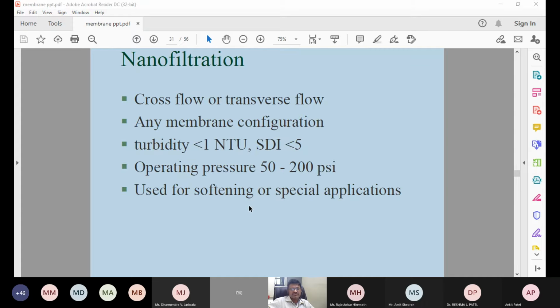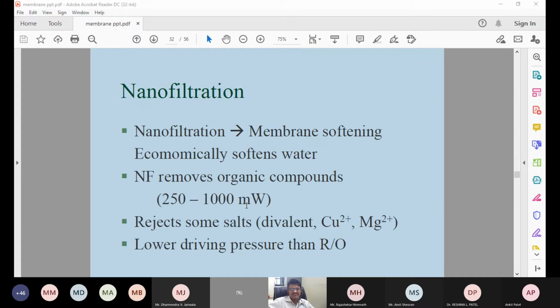So it is also used for softening or special applications. It rejects some salts, like it can reject Cu2+, Mg2+ or Ca2+ divalent cations, but it can allow sodium ions, monovalent ions. So that problem will be there.